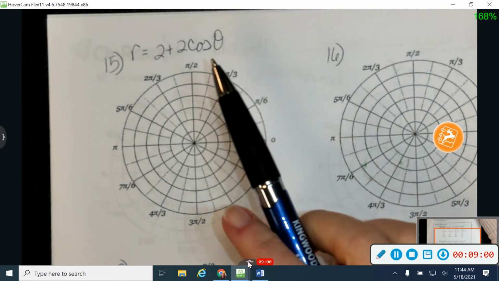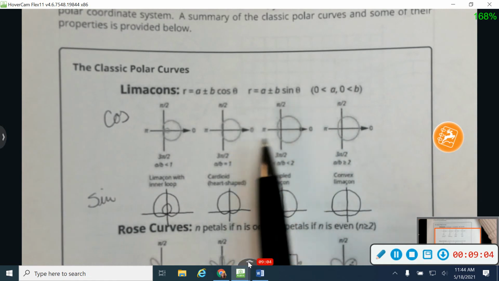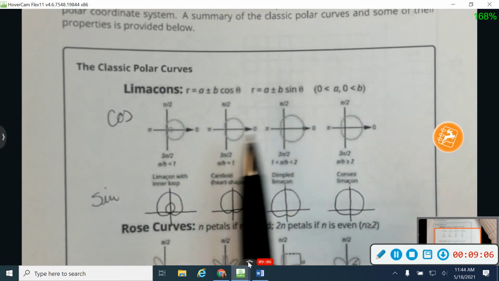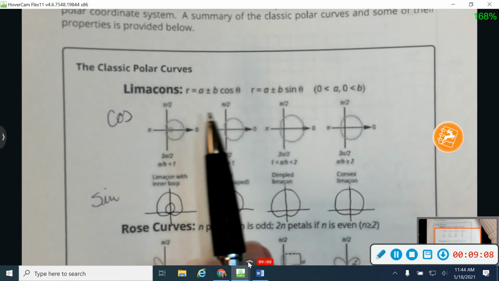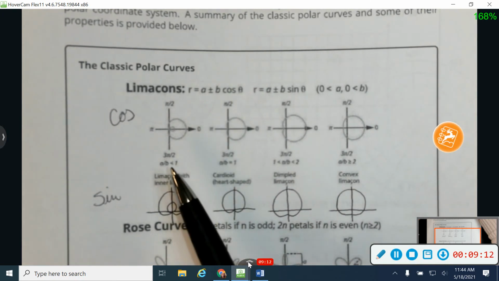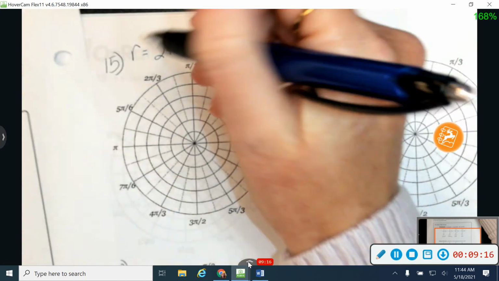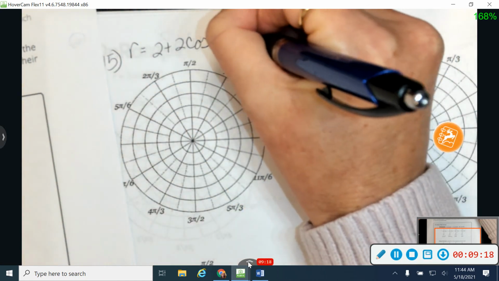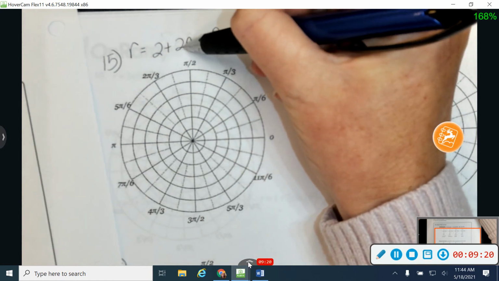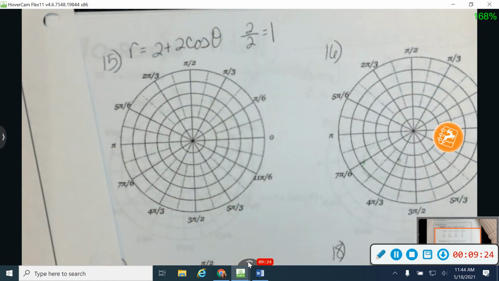Because it is cosine, I know that it's going to be one of these up here, so I'm going to be working on my x-axis. Next I need to know which type of limacon. I'm going to take my A value, which is the first one, 2, and divide by my B value, which is the second one, 2, and that is equal to 1.